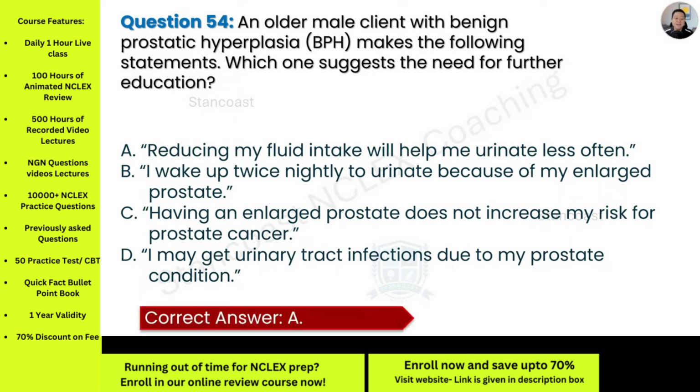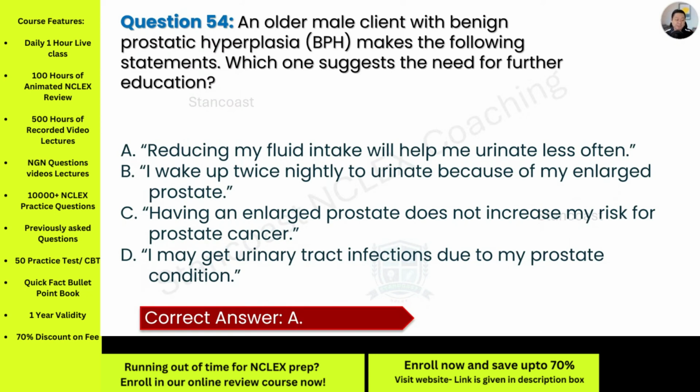Because limiting the intake of fluid can lead to dehydration, and take note, it can also cause concentrated urine and will increase the risk of urinary tract infections. Take note that clients with BPH should maintain adequate hydration, not lessen. We have letters B, C, and D as incorrect options.